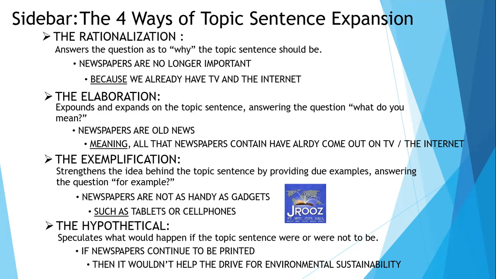For example, my topic sentence is, the existence of God is not real because evil is very much alive in the world. The kind of expansion that you need for that is the example. For example, do you see?